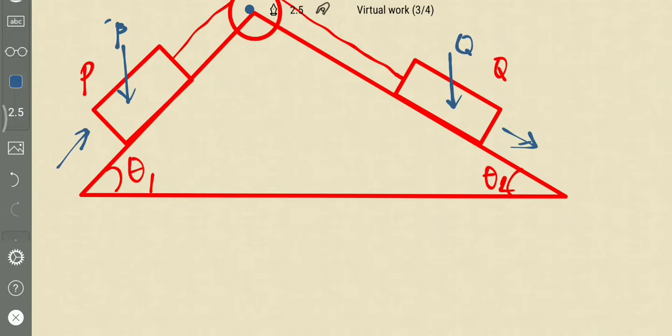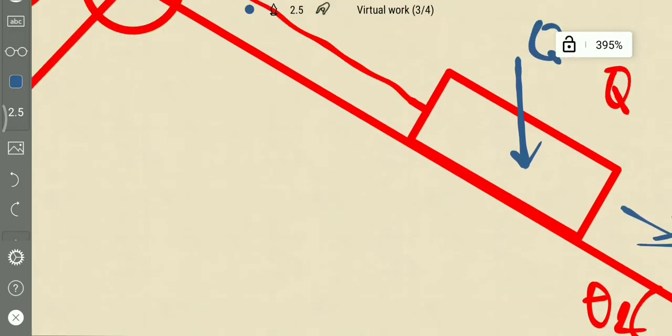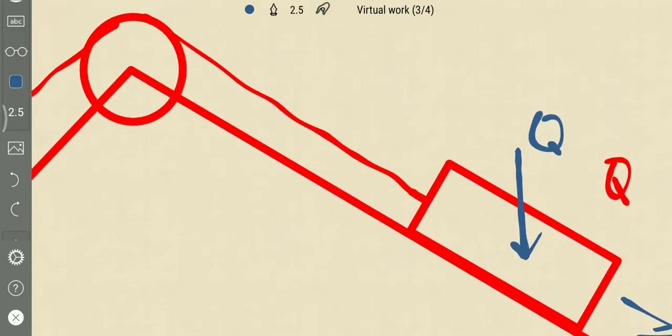And this is theta 2. Let me zoom in here. The weight acting downwards.